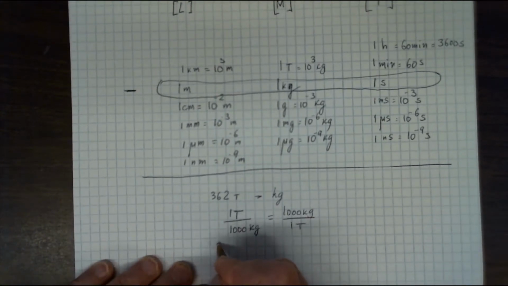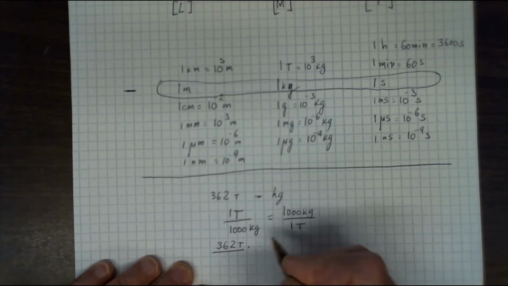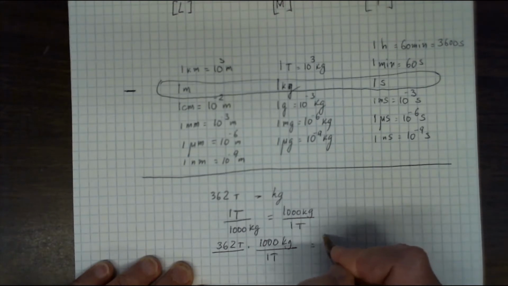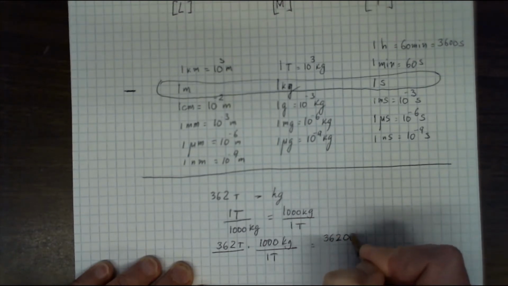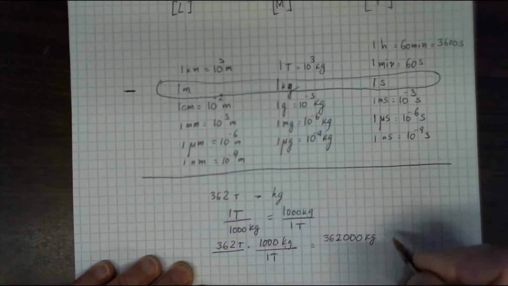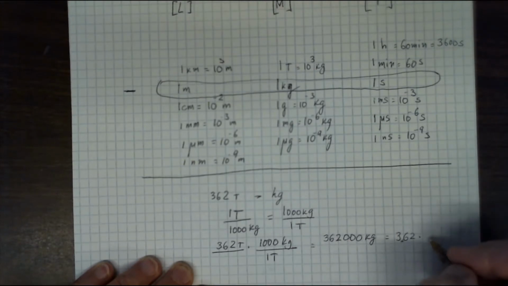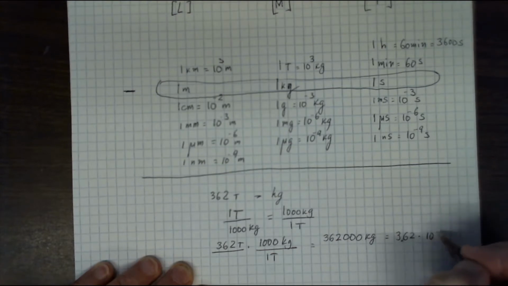So here we go, 362 tons times 1000 kilograms divided by 1 ton, which makes 362,000 kilograms, or 3.62 times 10 to the 5 kilograms.